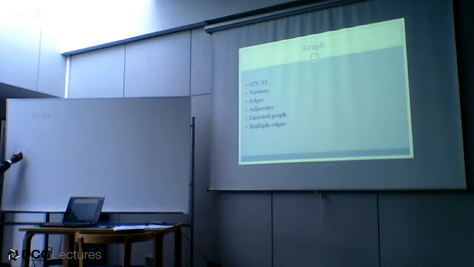If we name them V1 and V2, then V1 and V2 are adjacent, and if there is a V3, then V1 and V3 are not adjacent. This is the very basic thing that a graph is: vertices and edges.